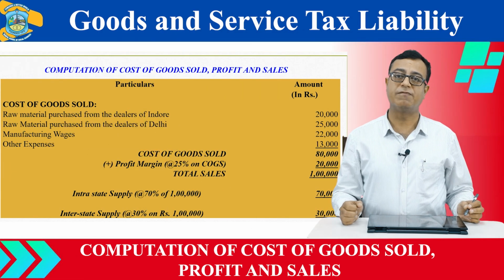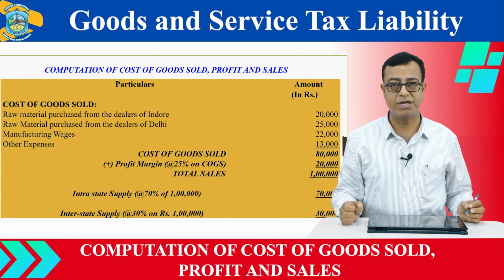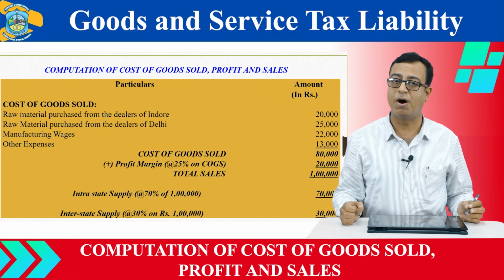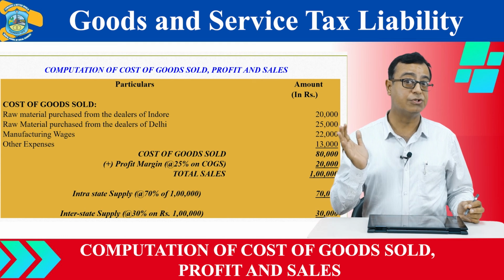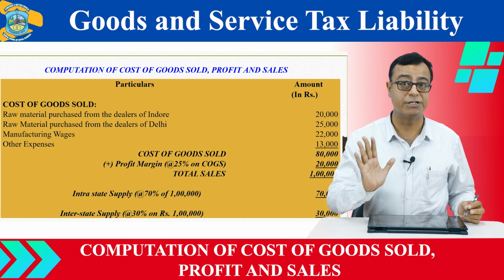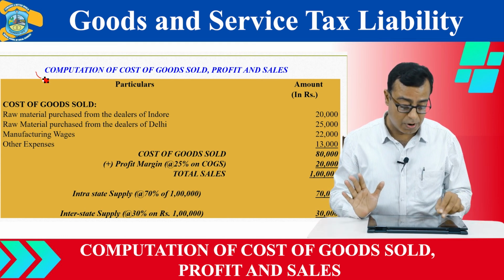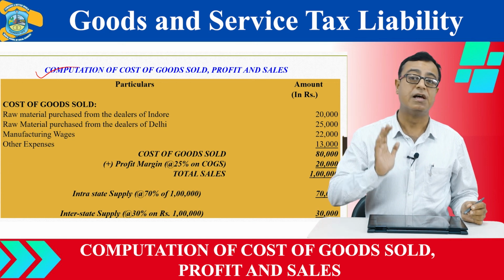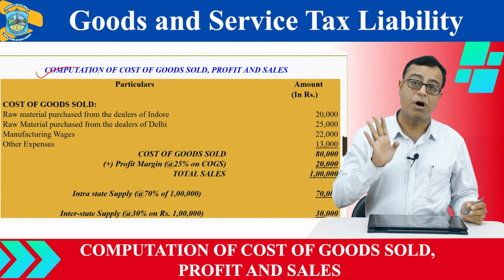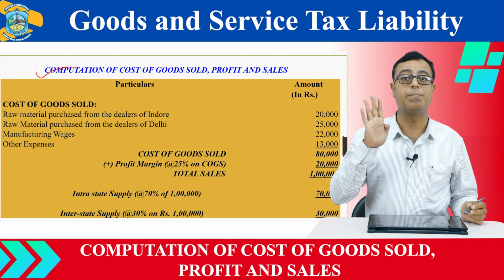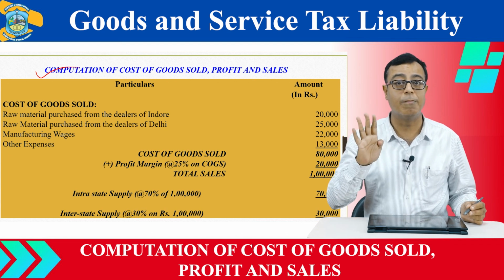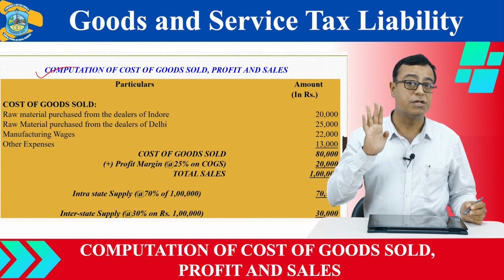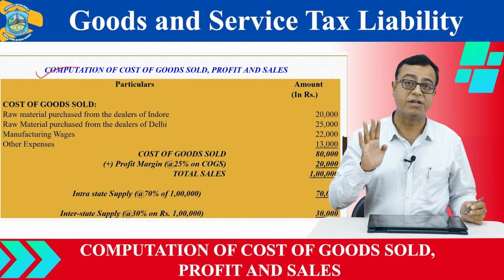So let's start with the computation of COGS, profit, and finally the amount of sale. Remember, it is not the entire solution, it is the first part of our solution in the form of computation of COGS, profit and sale. We have 4 components of cost of this particular bicycle manufacturer.